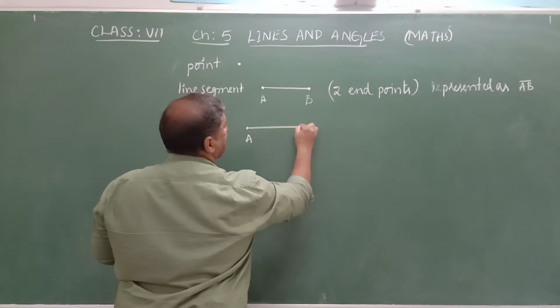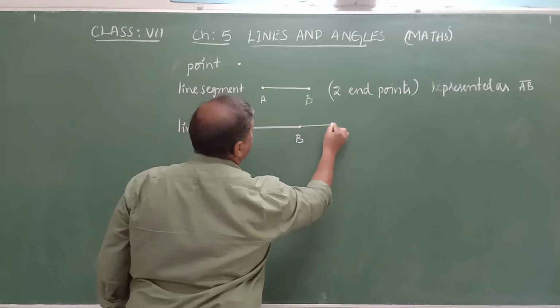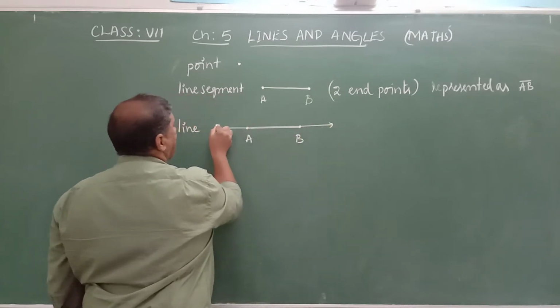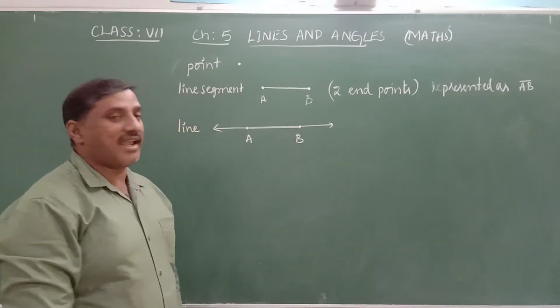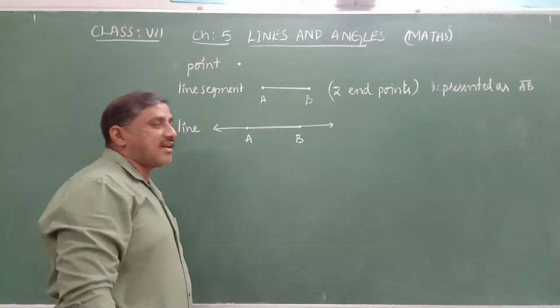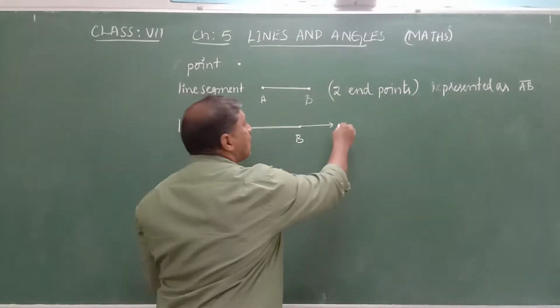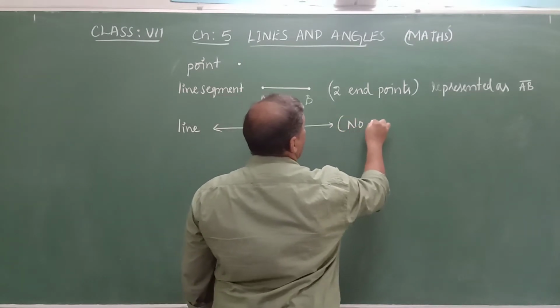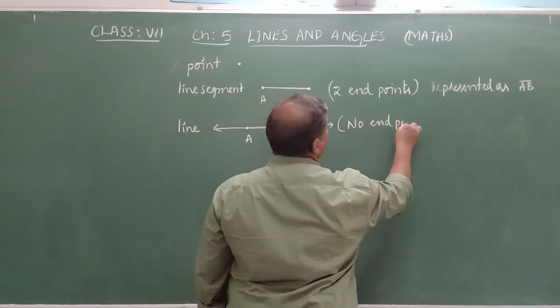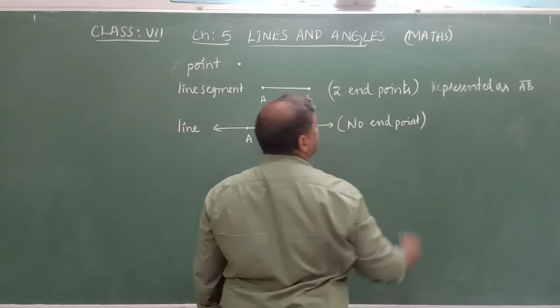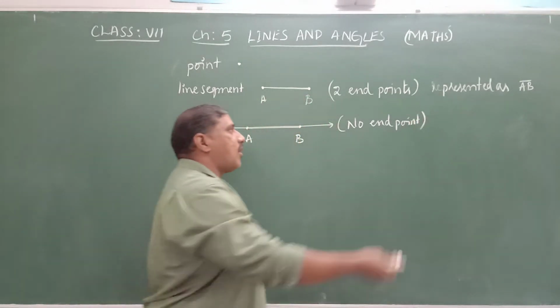So this is line segment AB and it is extended like this on both the sides. Then we call this a line. And how many end points are there in a line? A line has no end points.